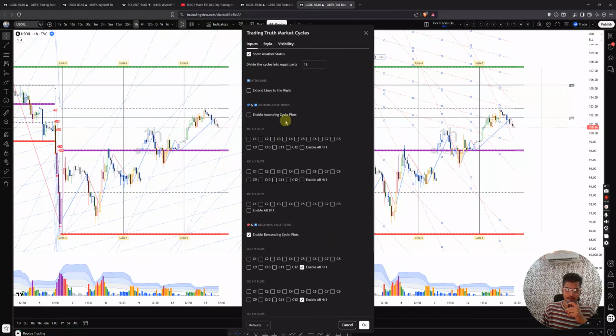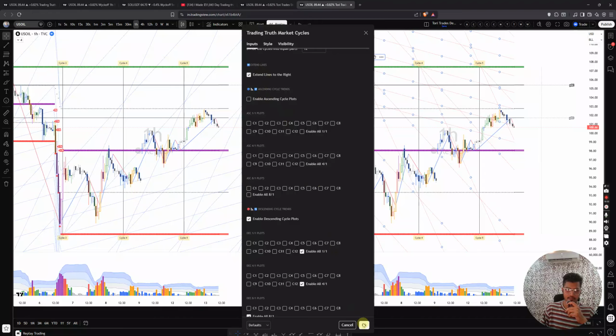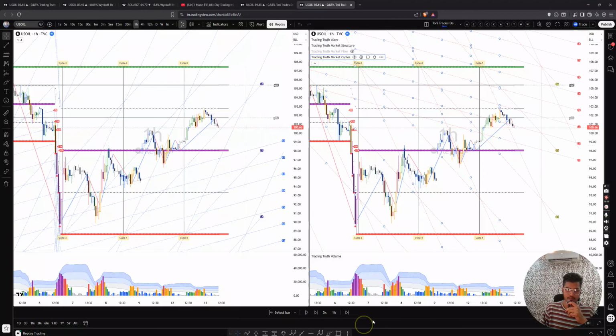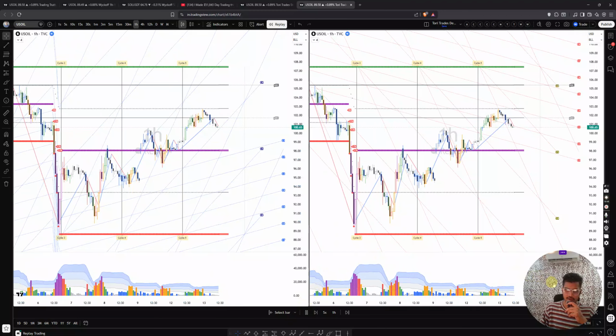Okay, so you can see from where this cycle is coming from. This is C4, cycle 4, 4 by 1, right? All those stuff. All right.